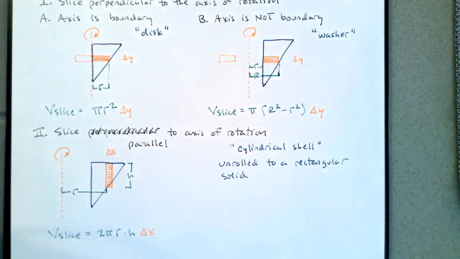So we start with a cylindrical shell that we unroll into a rectangular solid. So delta x is the thickness of the rectangular solid, and the 2 pi radius times the height is the area of a rectangle.